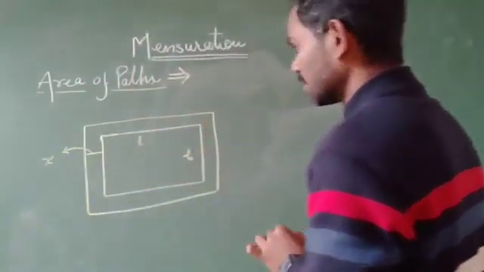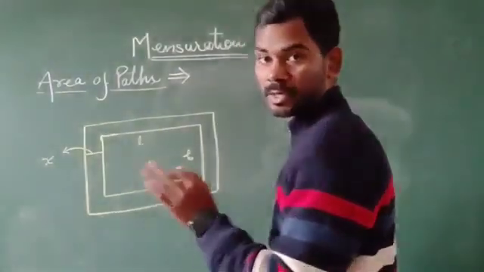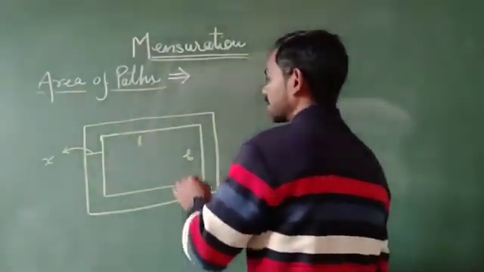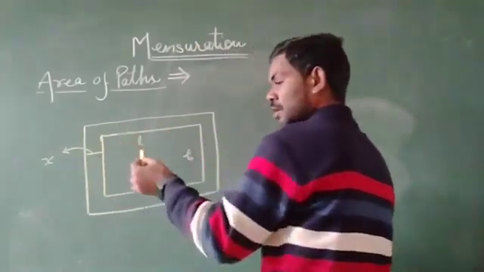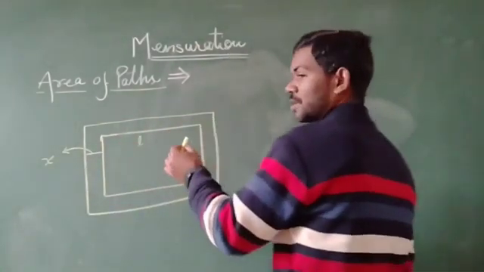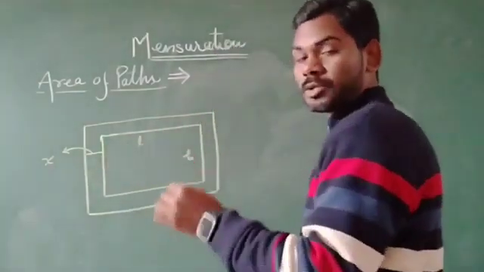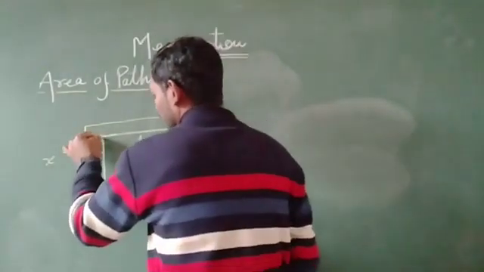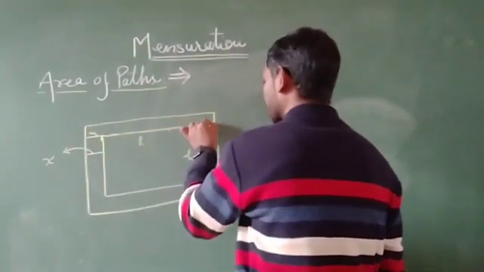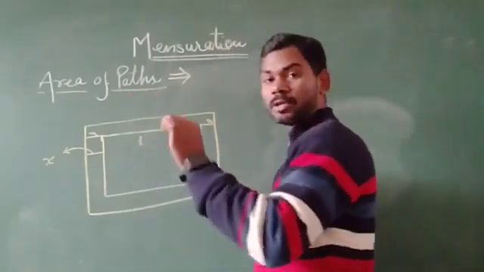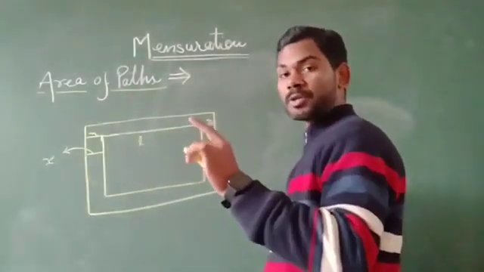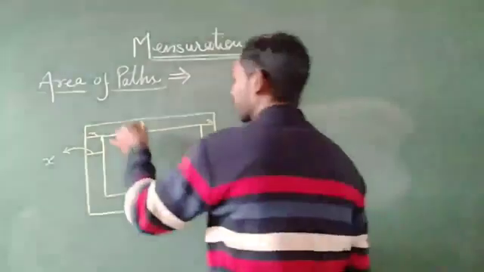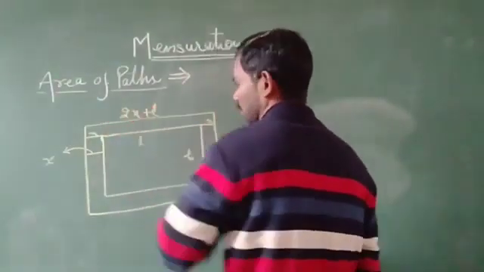The length of the rectangular field is L and breadth is B. Now, if we talk about the length including the path, we have X unit and X unit on both sides. Therefore, the length including the path becomes more than the initial length of the rectangle by 2x, and it becomes 2x plus L.